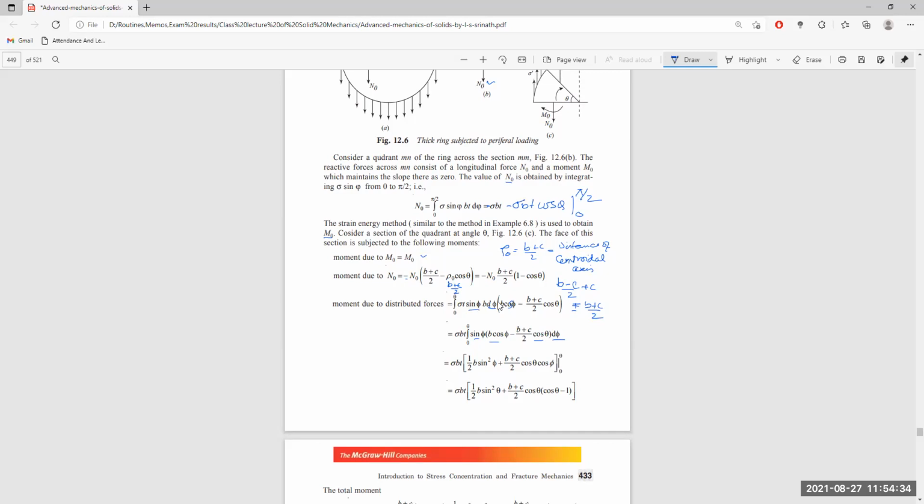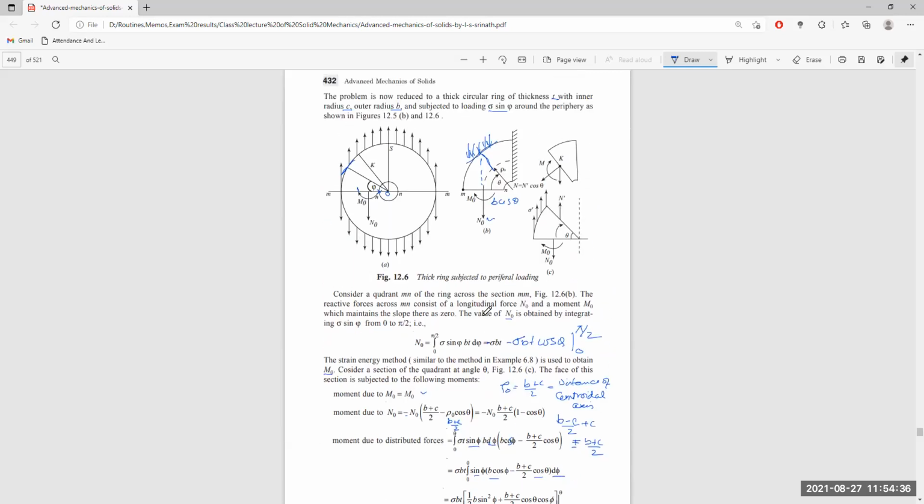So what we are doing is calculating the moment of the forces acting from this position up to this point, which is subtended by an angle theta itself. So from 0 to theta.